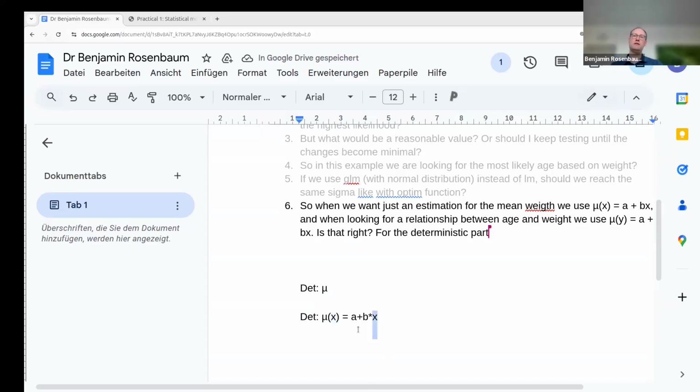X is the predictor, or you could also just say h. Mu of h is a plus b times h. Whereas in the other model, it wasn't depending on h at all. We just wanted to fit the mean of the data, and you can think of this as an intercept. So you would just want to fit the intercept, nothing else.